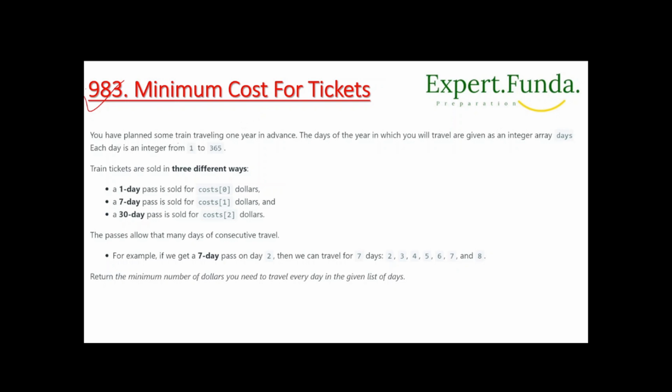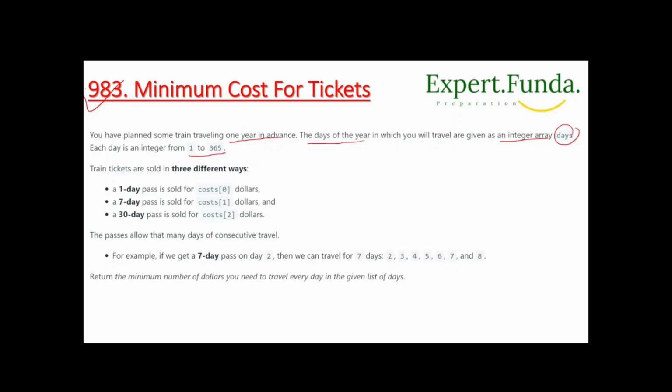You have planned some train traveling one year in advance, and the days of the year in which you will travel are given as an integer array known as days. Each day is an integer ranging from 1 to 365.